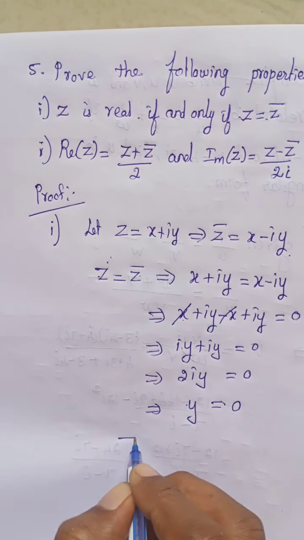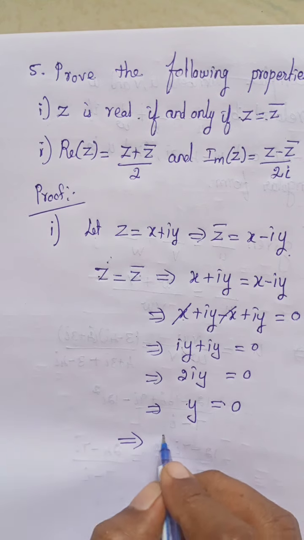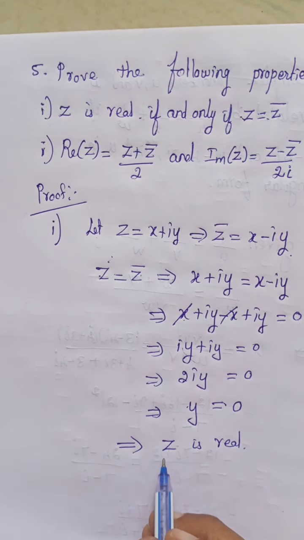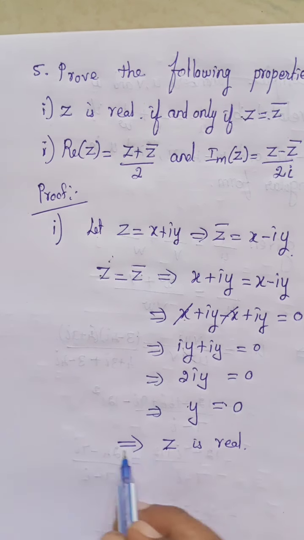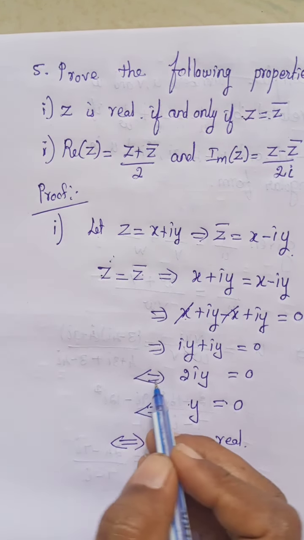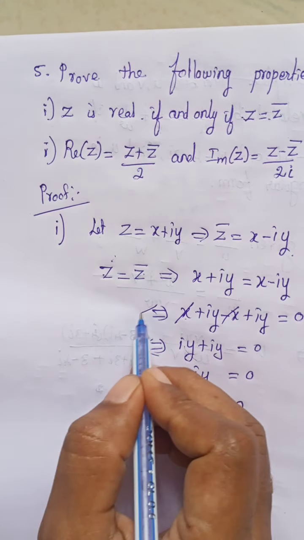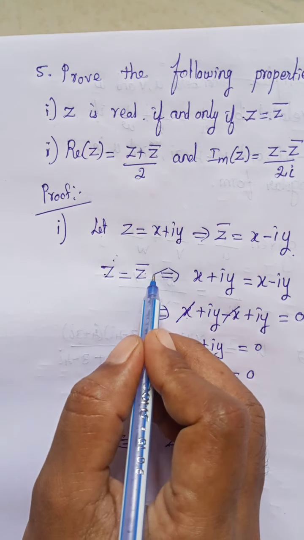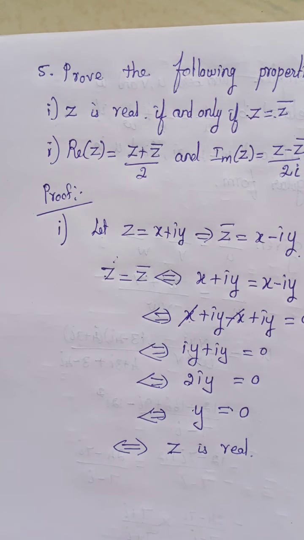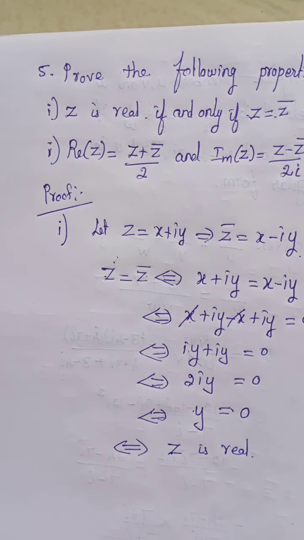Therefore, automatically, Z is real. The same way, when Z is real, the imaginary part will be equal to 0, so we can write 2iy equal to 0, or x plus iy is equal to x minus iy. Put the double arrow. This same proof we have done for imaginary also.